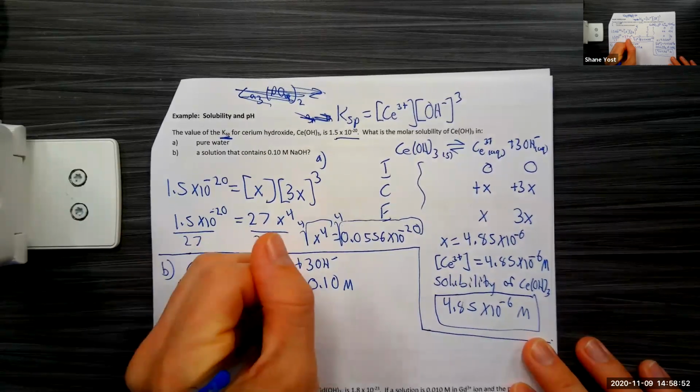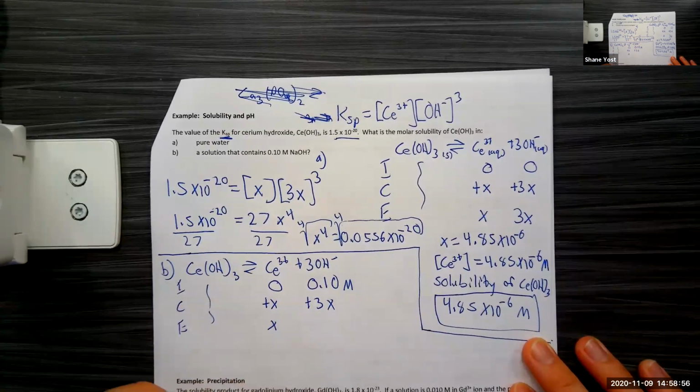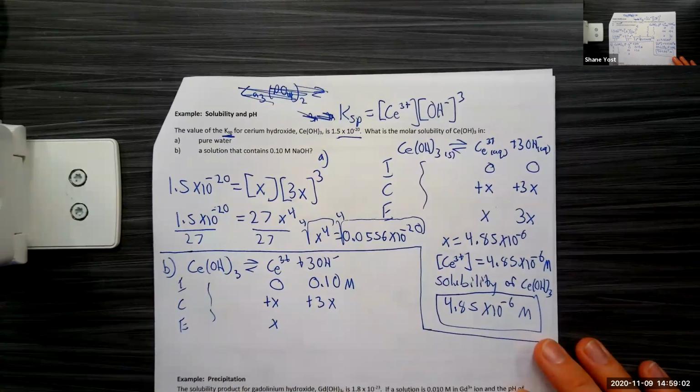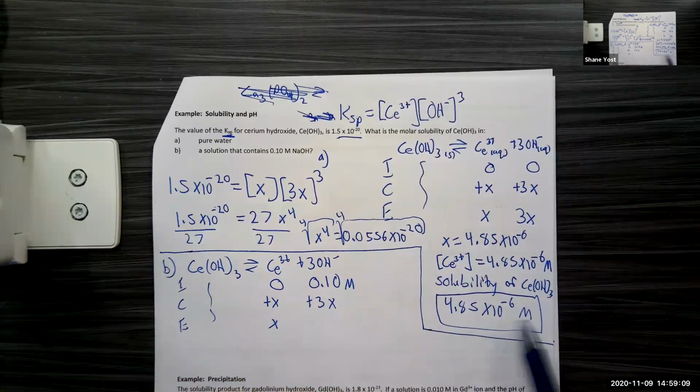Again, I'm going to have X plus 3X here. Its equilibrium concentration is going to be X, okay? Now the equilibrium concentration of hydroxide is 0.1 molar plus 3X. Without any hydroxide in solution, that concentration was a very small number, 10 to the minus 6, and would be 10 to the minus 5 for hydroxide after you multiply that by 3.